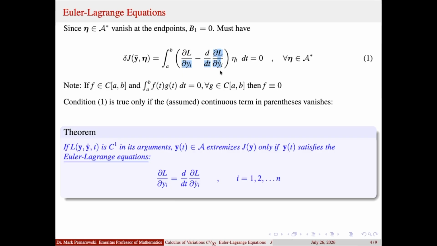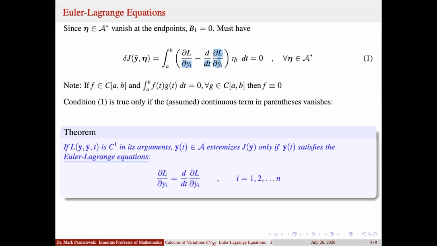Well, that's the result. If this term vanishes, I'm going to state this as a theorem. If L is C1 in its arguments and y, which is a vector valued function, extremizes J, then that can only be true if the Euler-Lagrange equations below are true.